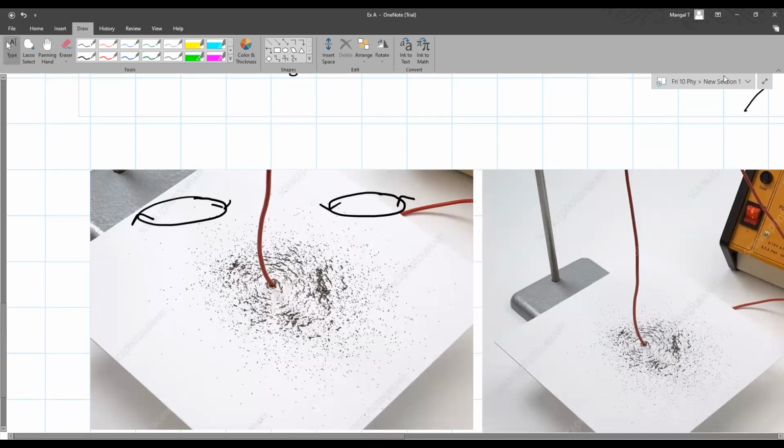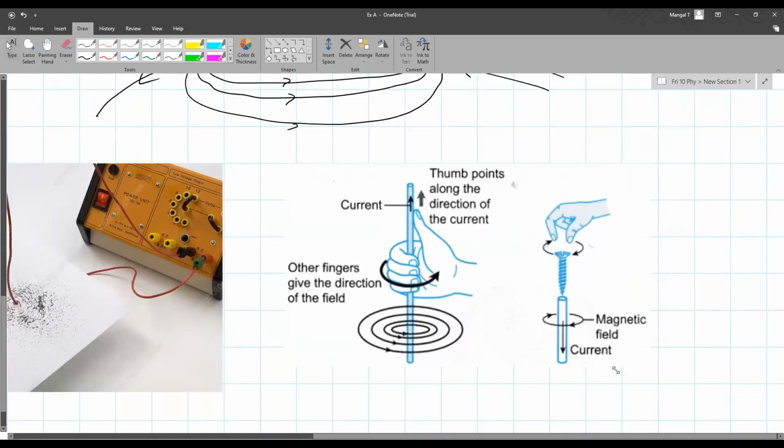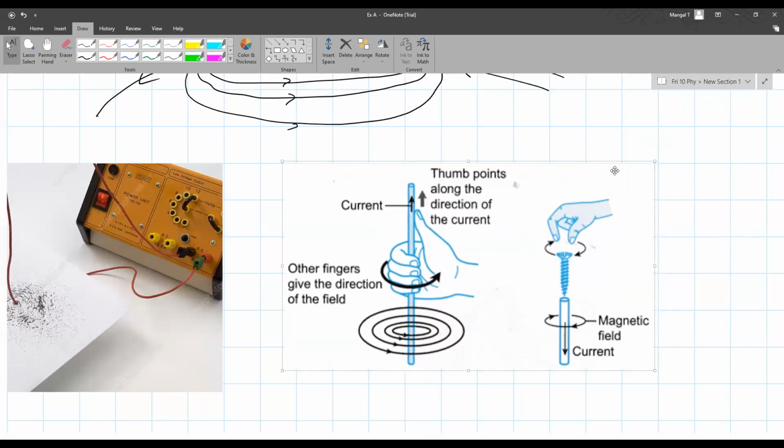Now the right hand thumb rule is explained as follows. Okay, so this is the right hand thumb rule. Now what does this rule tell you?